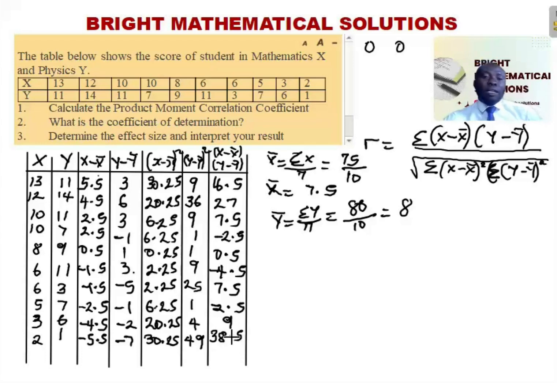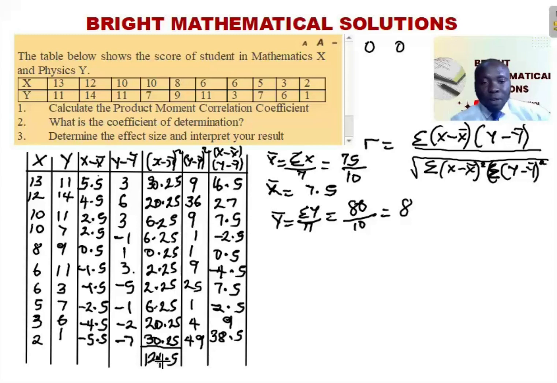And minus 5.5 multiplied by minus 7, that gives me 38.5. Now that we are done with the individual multiplication and calculation, the next thing to do is to find the sum of these variables. Because we are looking for the summation, there is the sigma sign, which is the summation. So summation of x minus x bar square, we are going to add everything together. When I add everything here together, I got 124.5.